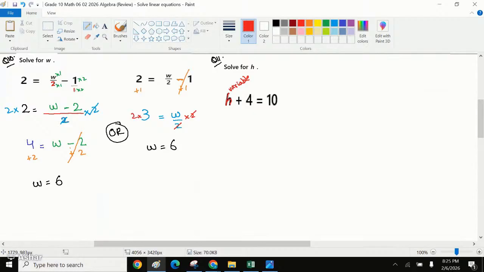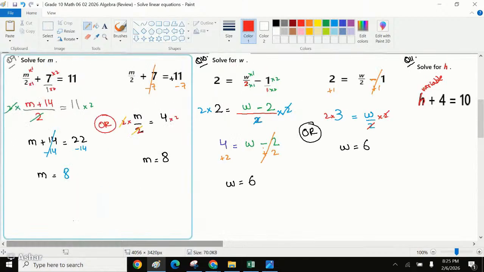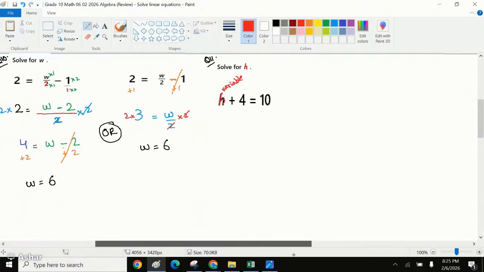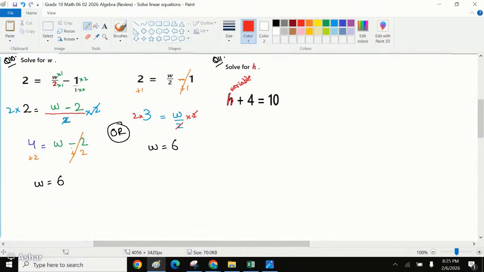So what we are trying to do is find the value for H, simplifying and finding the variable. In question number 10, they used a W. In question number 9, they used an M. In question number 11, they're using a different variable, that is an H. So we need to find the value of the unknown. Variable is the unknown. We need to find the value for the variable.